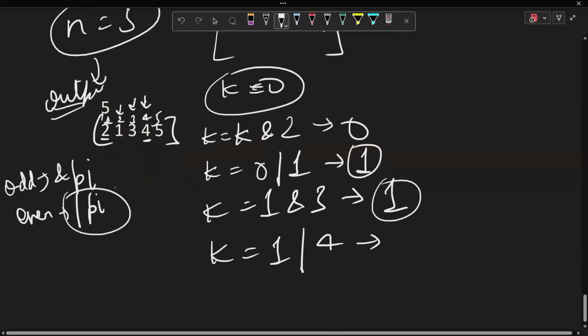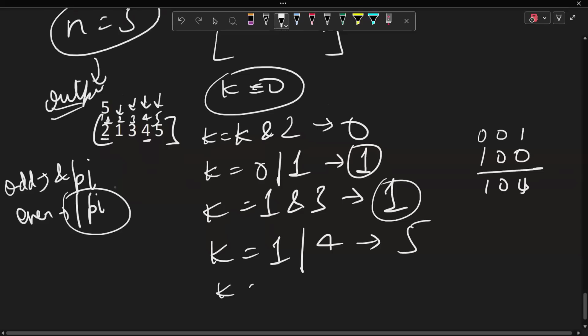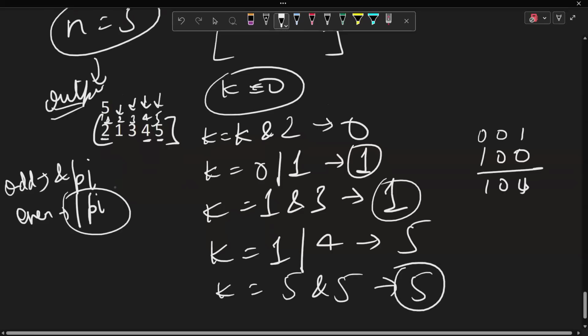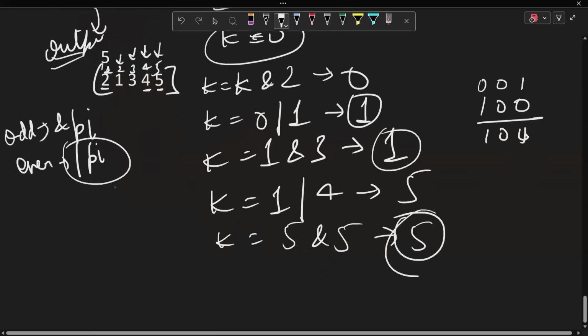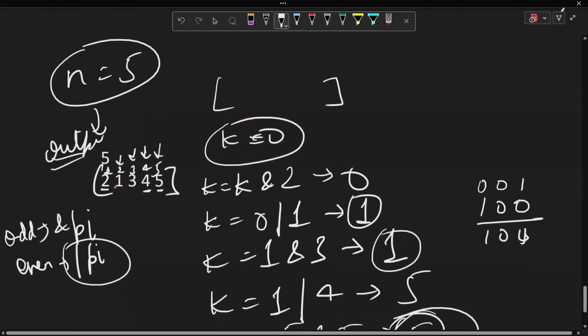So 1 OR 4, in bitwise 1 is 1, 4 is this, so it would become 5. So you would get a 5. After that, you would move to 5. Since this is odd, you would do an AND. So 5 AND 5 would be 5. So your final k after all the operations was 5.